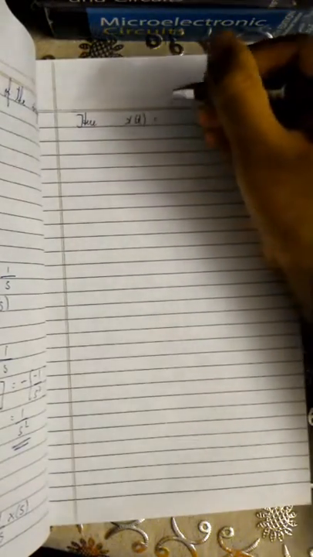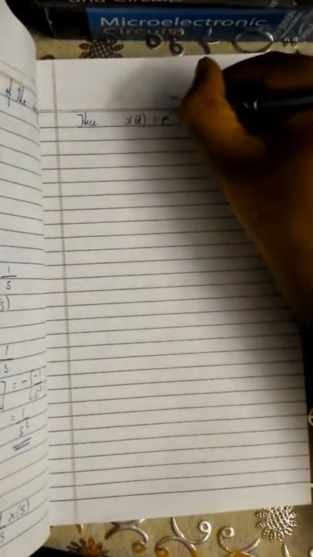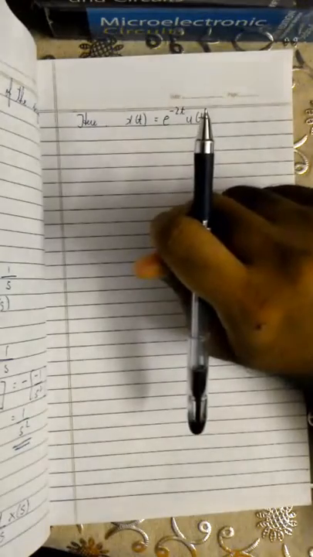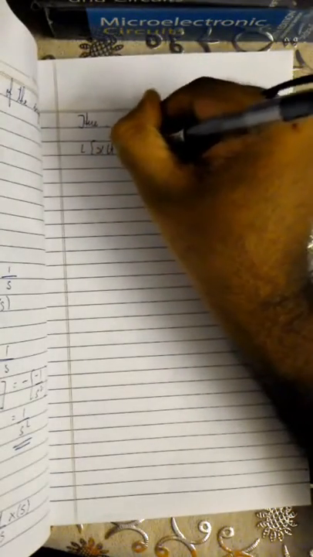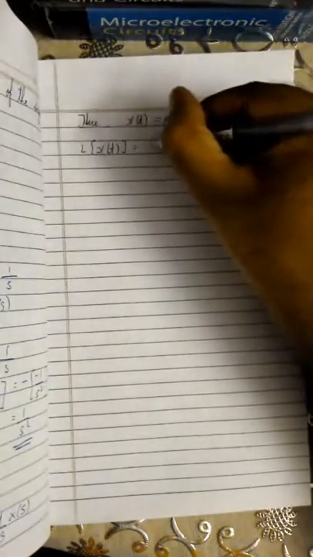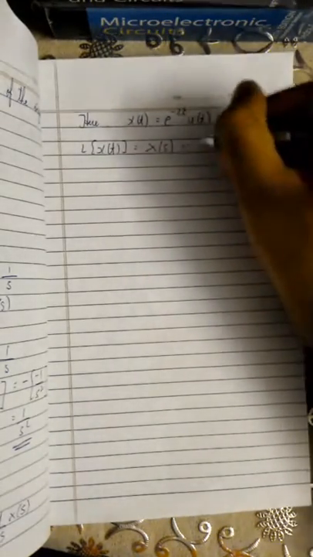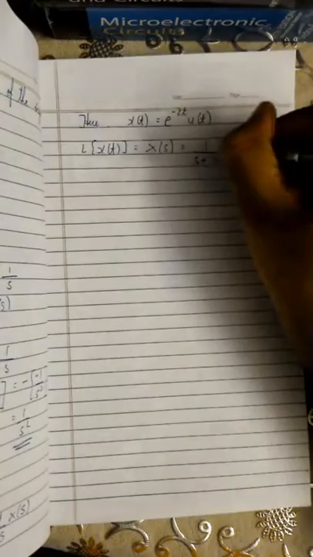So here my x of t is nothing but e raised to minus 2t into u of t, right? And the Laplace transform of my x of t is nothing but 1 by s plus 2.